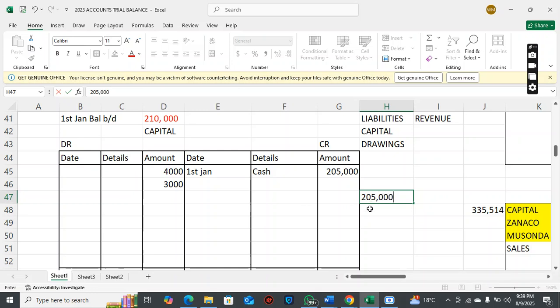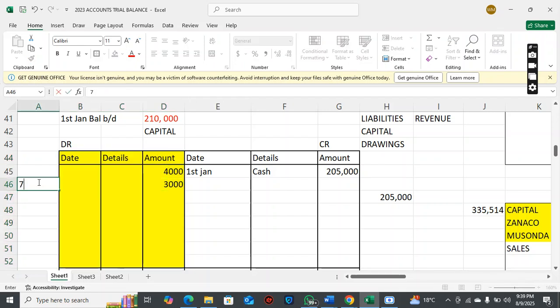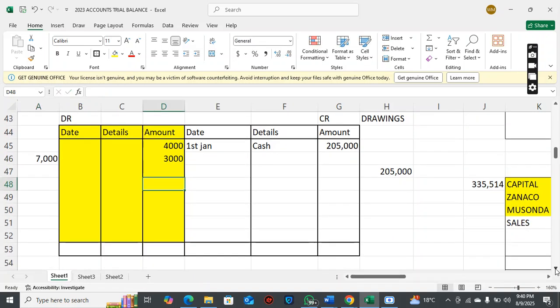Credit side, 205,000. Debit side, 7,000. We just added 4 plus 3,000. Debit side, 7,000. So you say which one has got the higher amount? It's the credit side. So you put 205,000 on both sides.